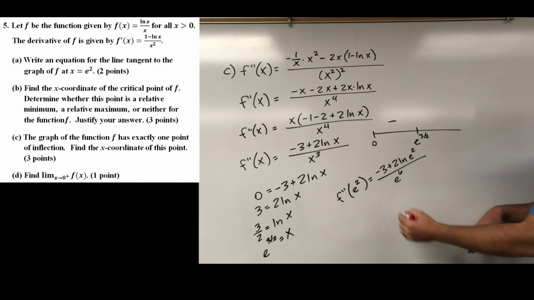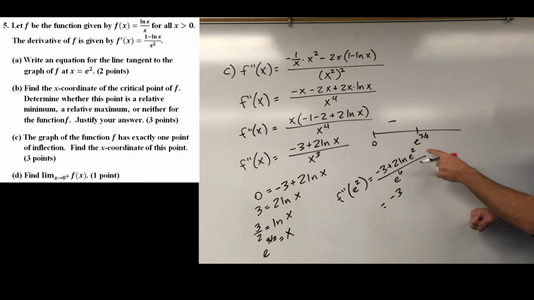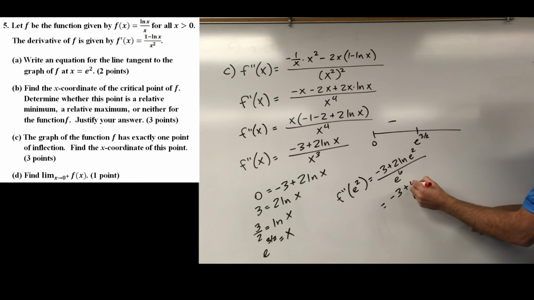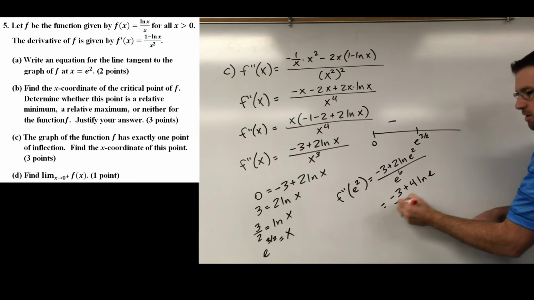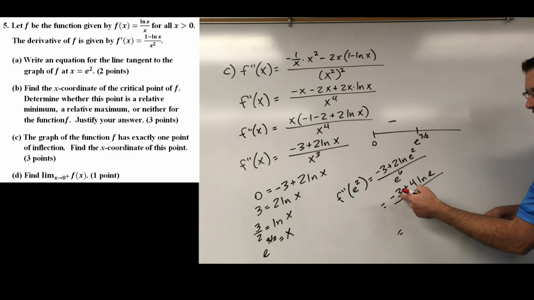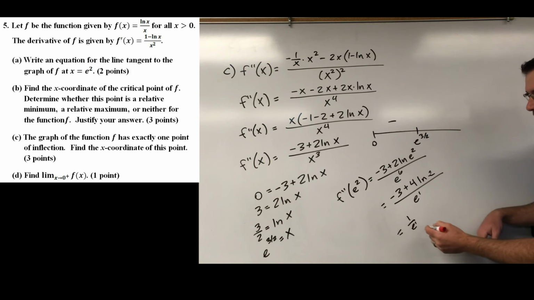You guys okay with this? So negative 3, what do I do here? Bring the 2 in front, so you get plus 4 natural log of e. What's natural log of e? 1. So negative 3 plus 4 times 1 is 1 over e to the 6th.